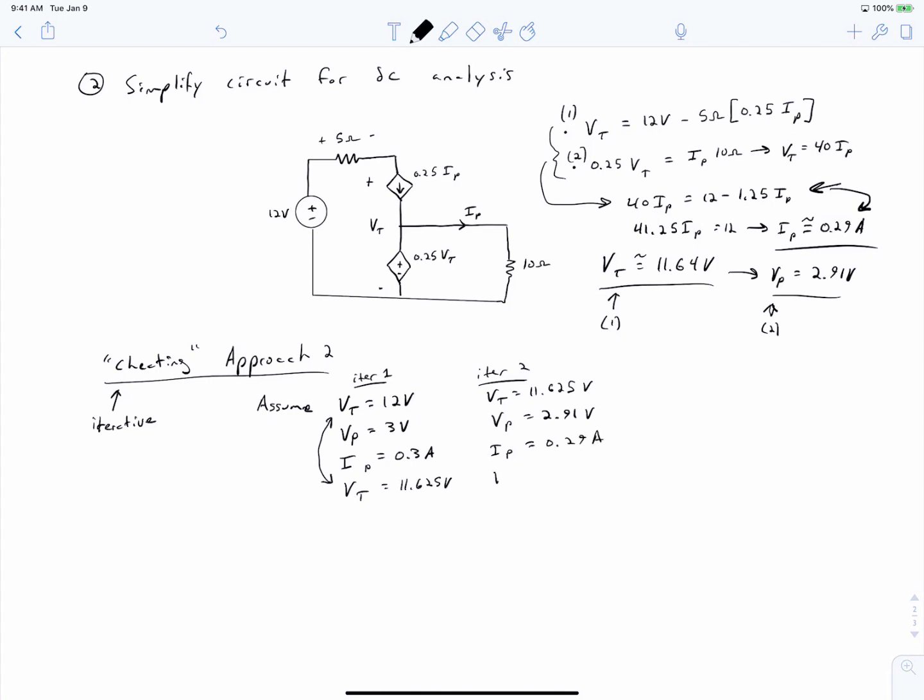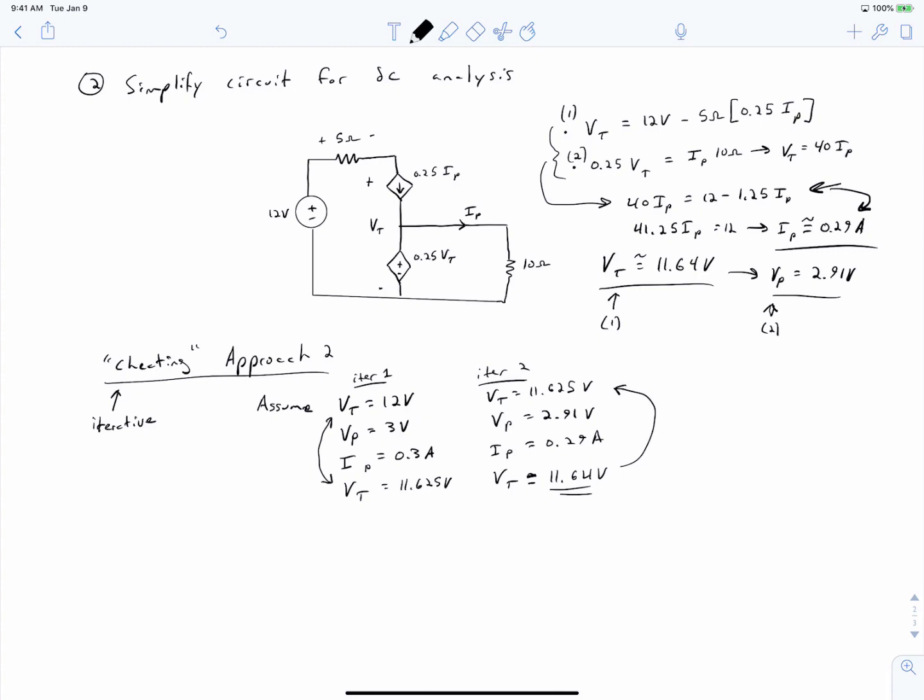And we can find our new throw voltage, again using our throw current through our 5 ohm resistor, finding that voltage drop and subtracting from 12 volts, so using equation 1. If we calculate this, we find that we have 11.64 volts. This is conceivably plenty close enough to our most recent guess for our throw voltage, so we could simply call this circuit solved. So this demonstrates a simple way, a cheating way or a hand calculation way, to solve the same circuit.